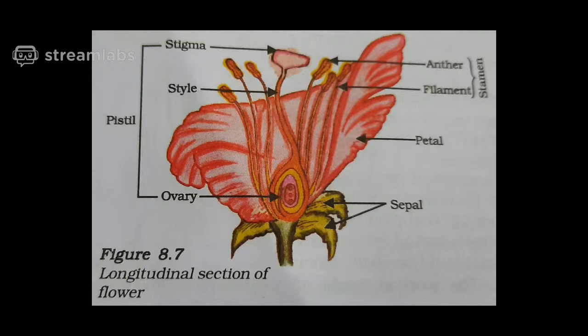Okay, this is about self-pollination and cross-pollination. This is very essential in order to replicate the plants. What do you mean by replicate? Increasing the number of the plants. Very simple.